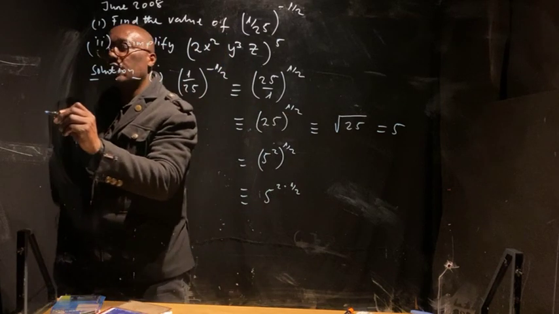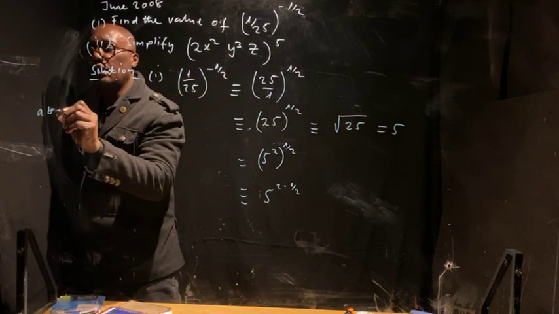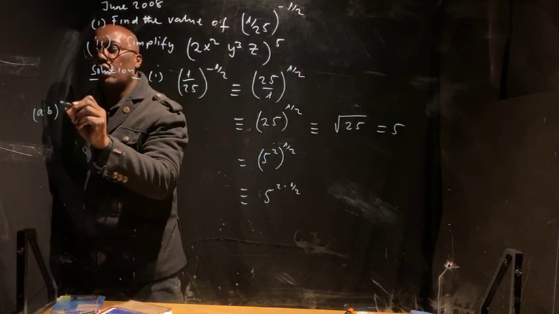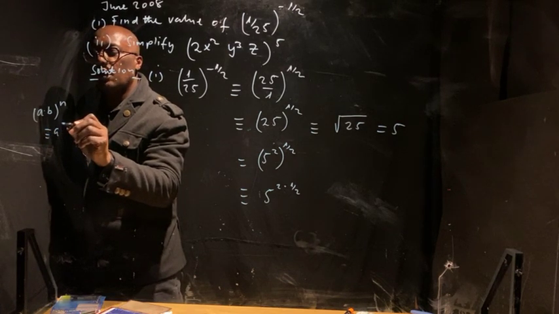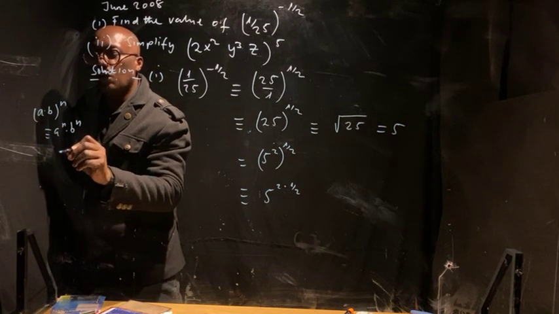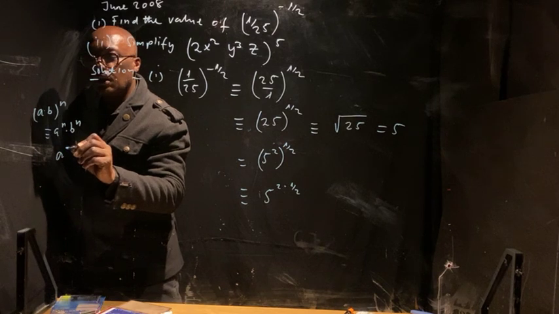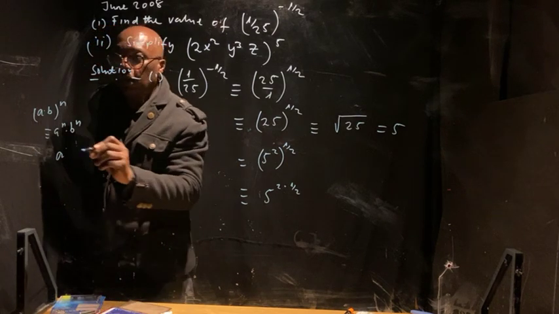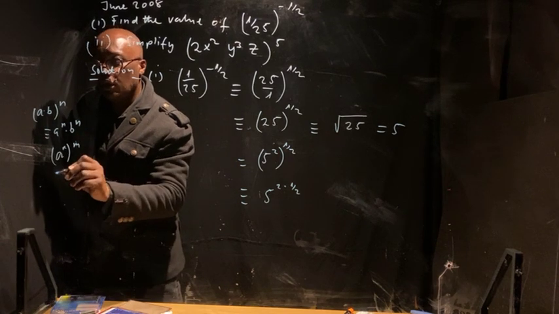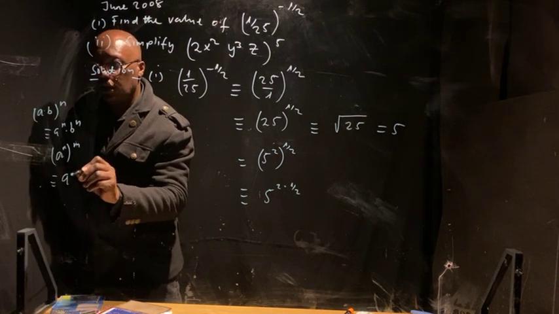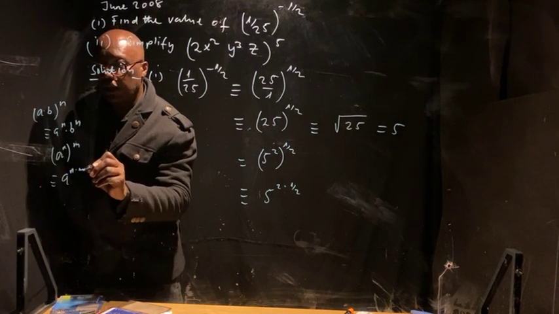That was the fourth law: (AB)^n equals A^n B^n, or (A^n)^m equals A^n times m.